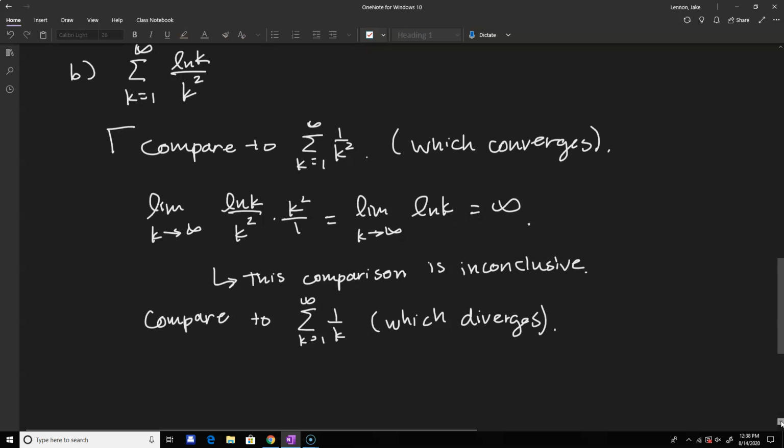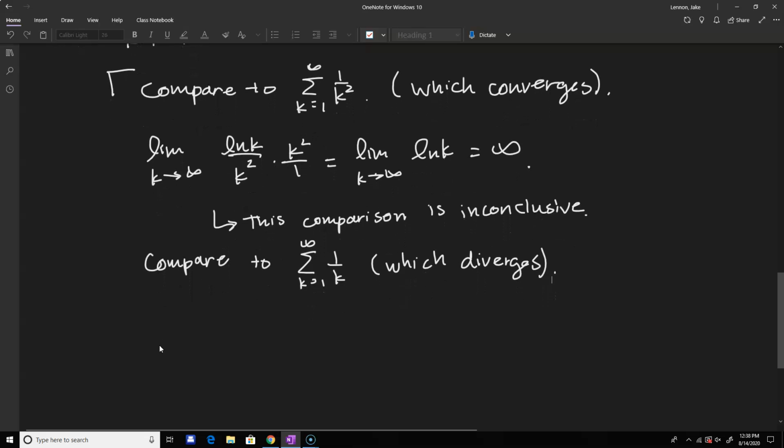So we're now looking at the limit as k goes to infinity of natural log of k over k squared times k over 1. So this is the limit as k goes to infinity of natural log of k over k. And this goes to 0. You can check that by L'Hopital's rule if you want.